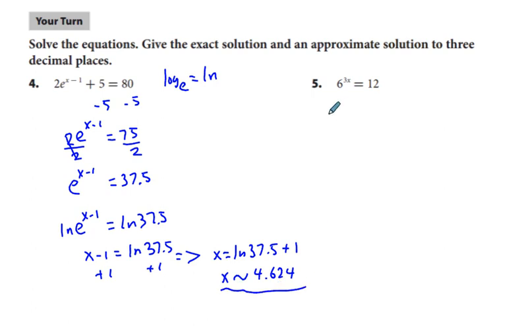Okay, now why don't you go ahead and see if you can work out number 5. Again, what we have is 6 to the power of 3x equals 12. So what we can do is take log base 6 of both sides here. So 6 to the 3x is equal to 12.